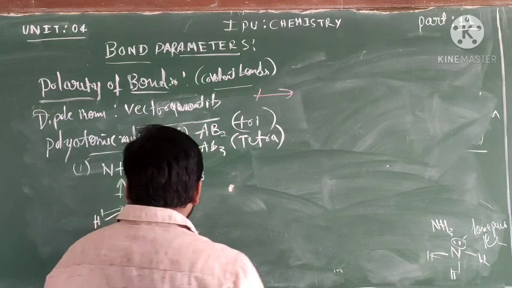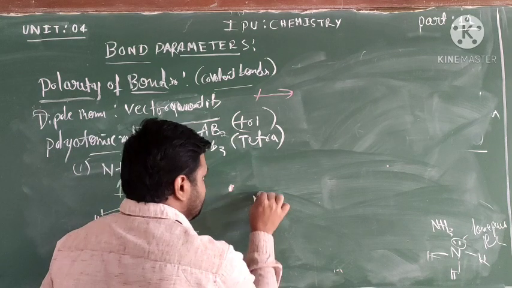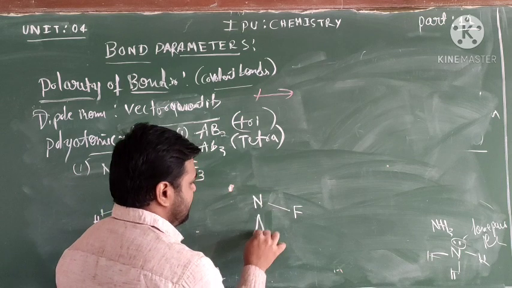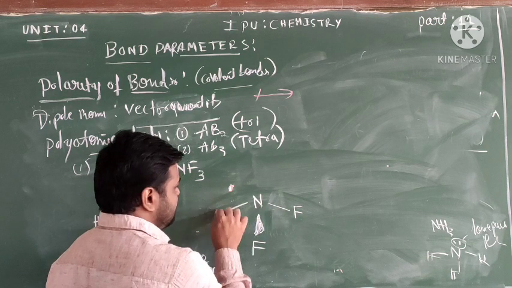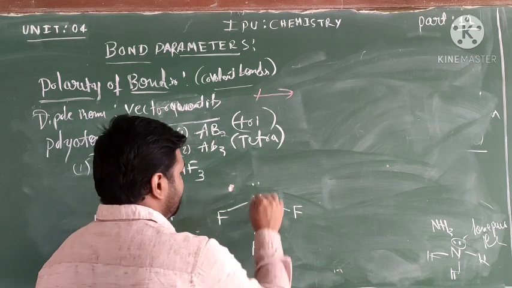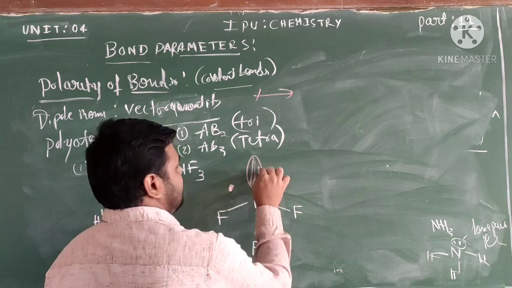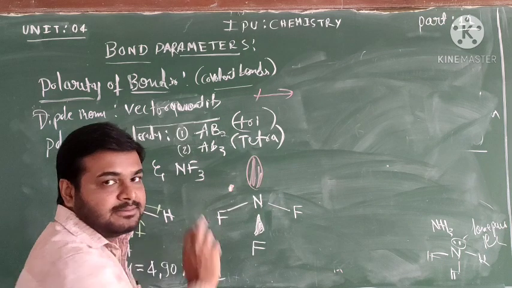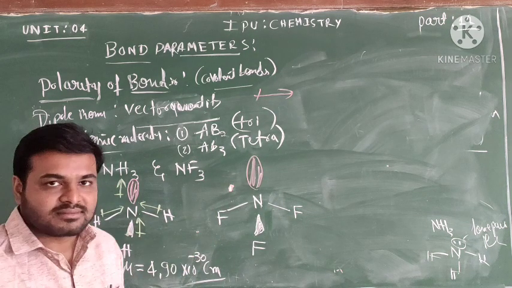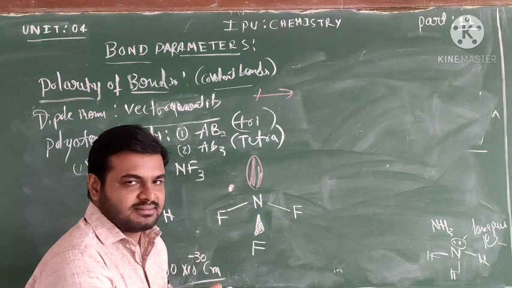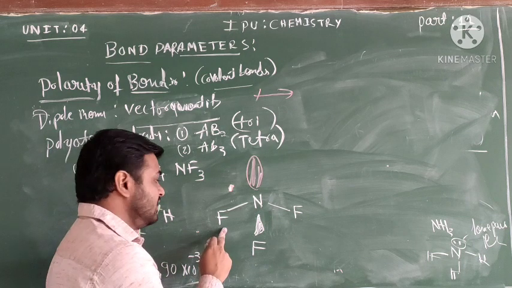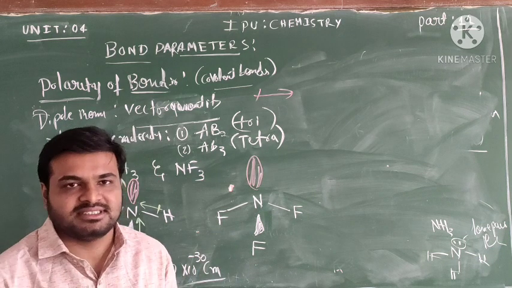But in the case of NF3 molecules, nitrogen is the central atom with three fluorines, and you see the lone pair of electrons is like this. Now see, very interesting. In the hydrogen case, hydrogen is less electronegative, but in this place fluorine is present.